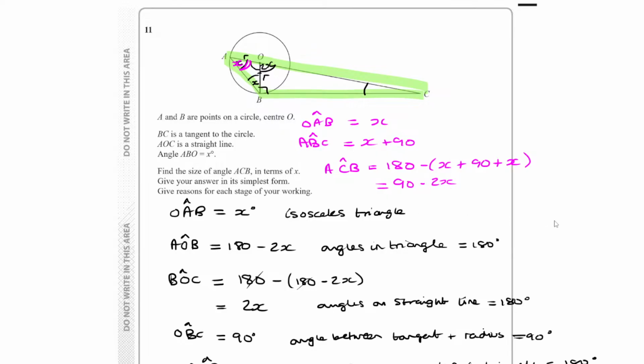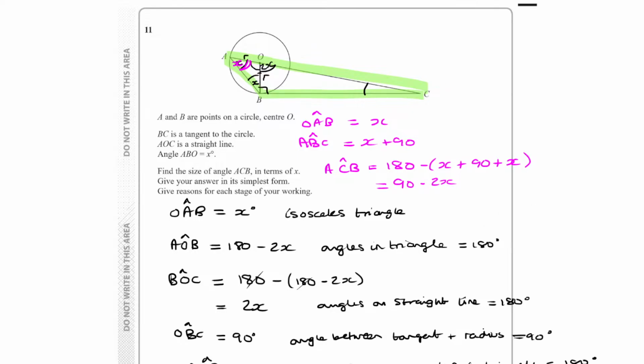Yep, that would be a different way. You might have done it that way. That would actually be faster, wouldn't it? But yeah, I guess that's a reminder sometimes to try and zoom out, try and look at the bigger picture, because I didn't see the bigger picture of it being a triangle as a whole. Obviously, that would have been faster. So yeah, you can do it that way as well, for 3 marks.